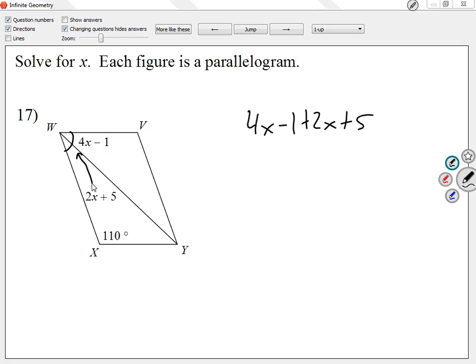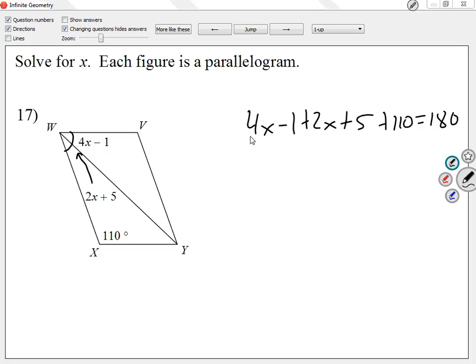So I know that's the whole angle W. I added the two parts of W plus 110. It has to equal 180. I call it the whole angle because it's cut into two parts. So the whole angle W plus angle X is equal to 180 because they're adjacent.